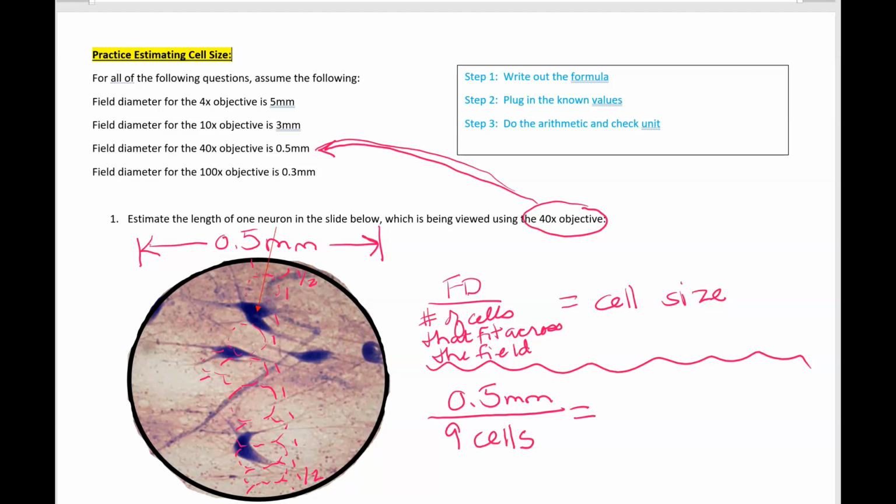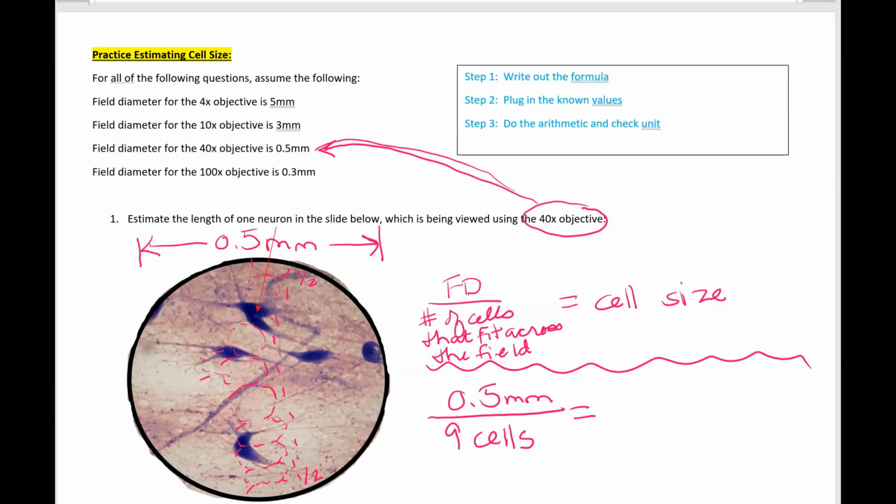So then I have to do step 3, which is do the arithmetic. In this case, I would definitely grab my calculator. So I do out the mathematics on my calculator, and I come up with an answer of 0.055555, a bunch of 5s, ending with a 6.